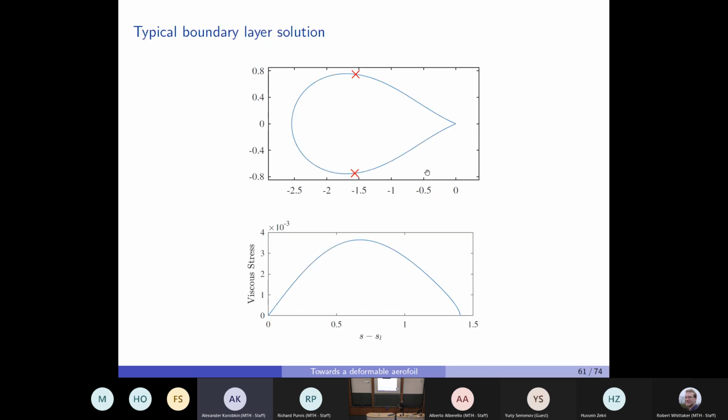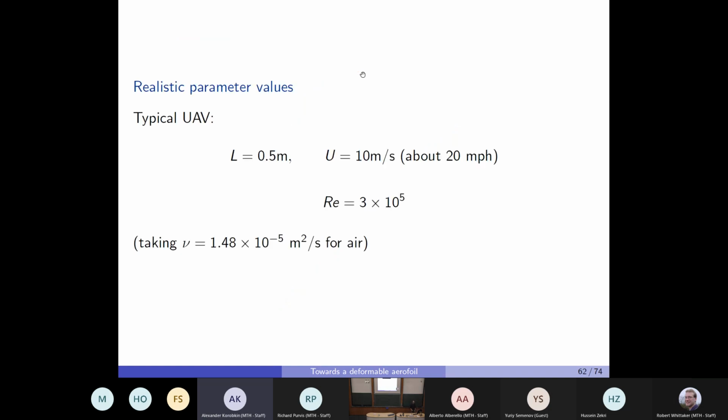So here's one of our sample aerofoil shapes. And the point where there's a red cross, the shear stress is becoming 0, as is indicated by the graph below. And that means that flow separation is occurring, and that's not good. Okay, so what we did next was to take some of these aerofoils and try to see if this is indeed what's happening if we solve the full problem.